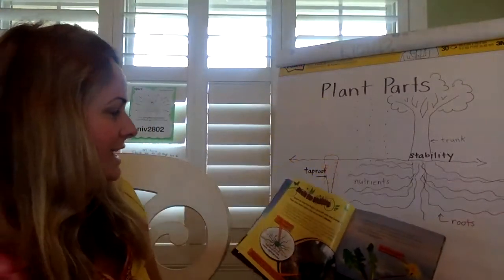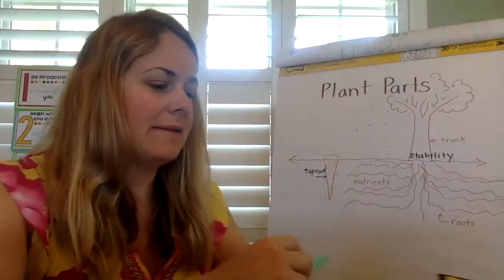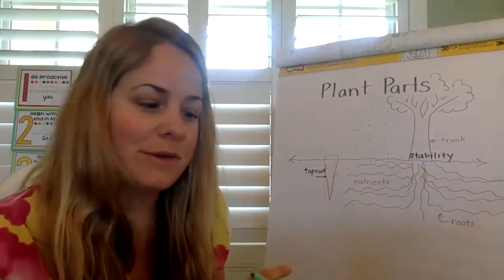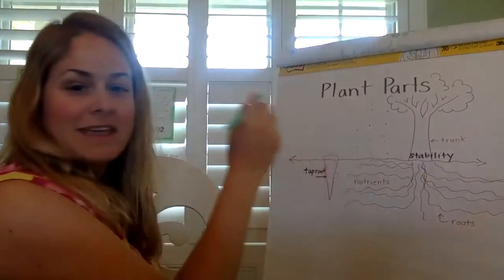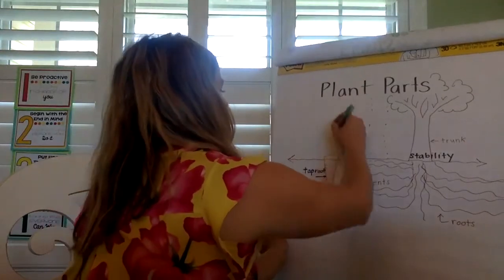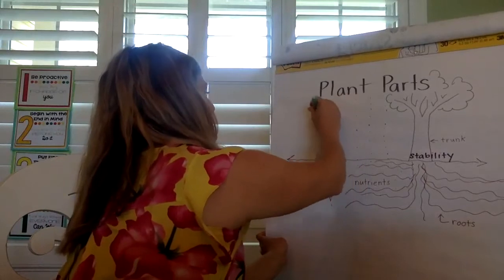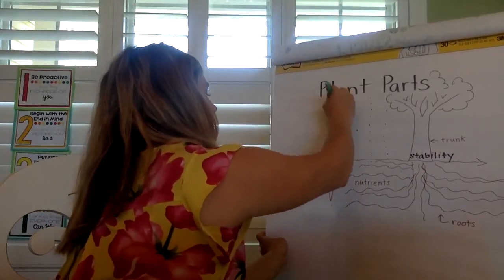I didn't draw a dandelion plant today. I drew a carrot with the taproot. So I'm just going to show you the plant, or the green stems of the carrot growing up this way. And a carrot plant does have leaves on it as well.